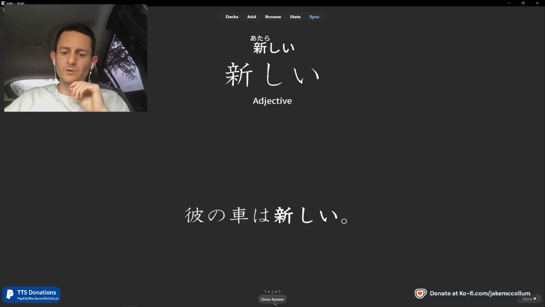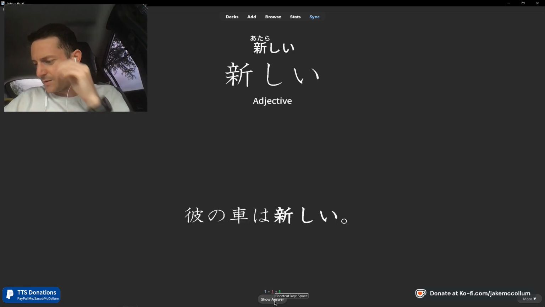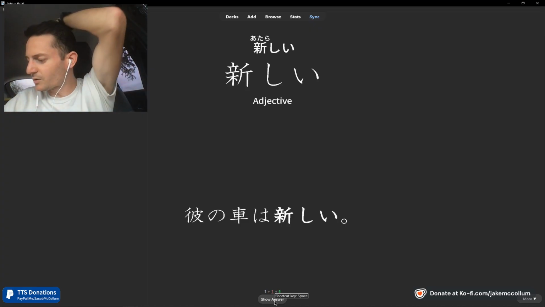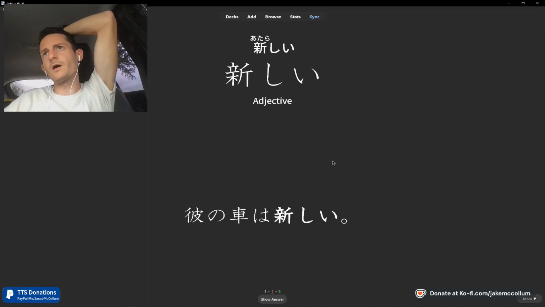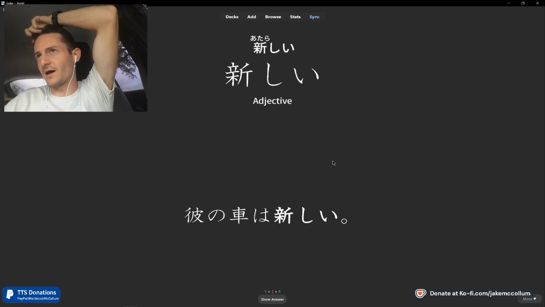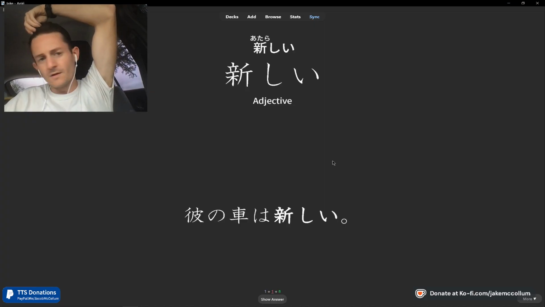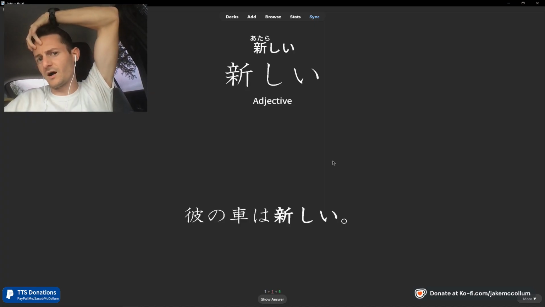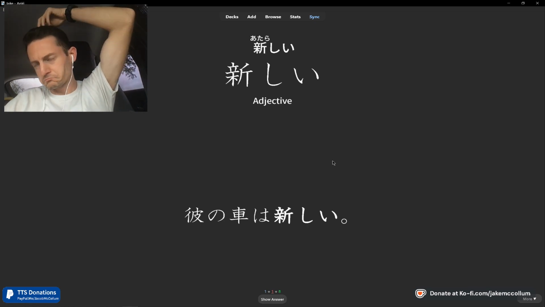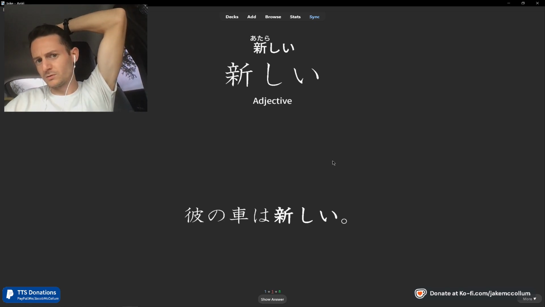Atarashi is new, but I'm pretty sure I am going to forget this, so maybe you can do one for a new car. Well, car is kuruma. Cruising in my car is how you say that. Kuruma's car, so it would sound like Atarashi Kuruma, which sounds pretty cool. Atarashi Kuruma.